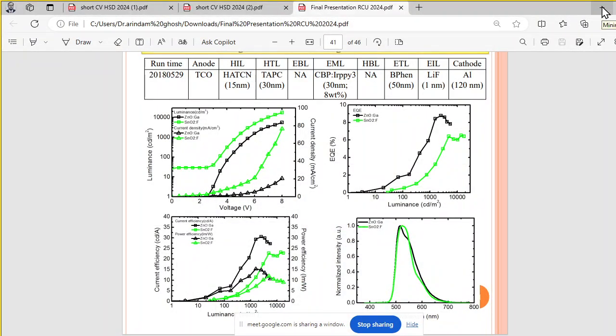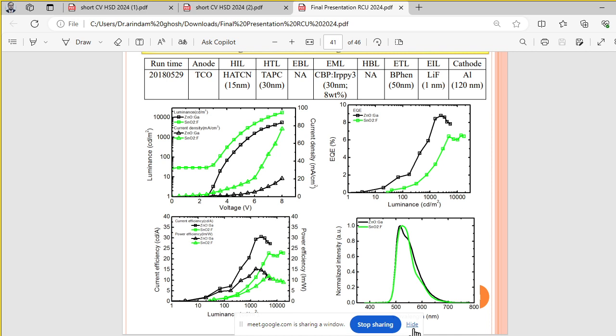From the EL spectra, the graph for both devices shows green light with a peak wavelength of 516 nanometer for gallium doped zinc oxide, and for tin oxide it's 524 nanometer. So we conclude from this comparative study that the commercial sample shows higher luminescence, lower driving voltage, and higher current density.